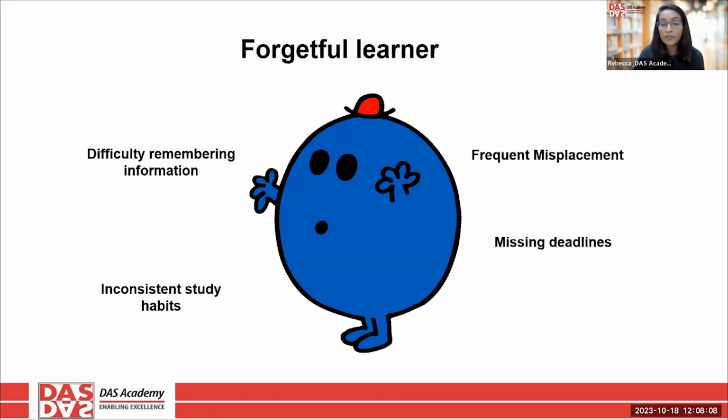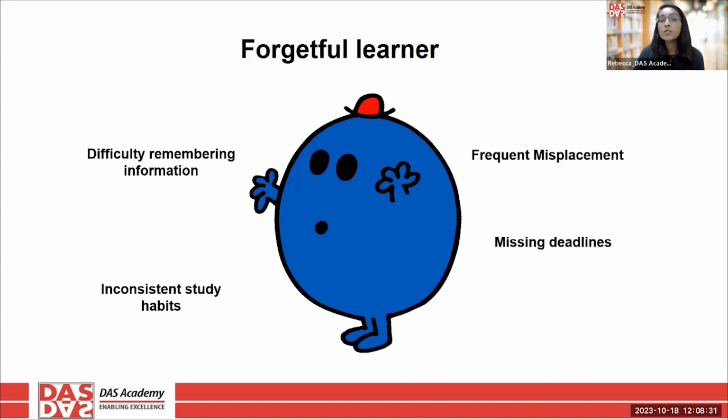They might not encode information deeply enough or organize it effectively, making retrieval challenging. These learners often find it hard to retrieve information when needed. Weak or disorganized neural connections can result in difficulties recalling facts, details, or experiences even when they are familiar with the topic.